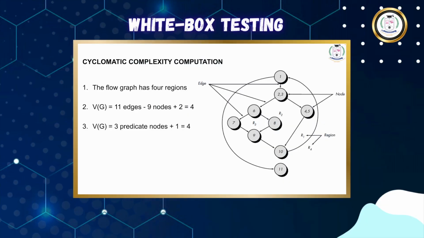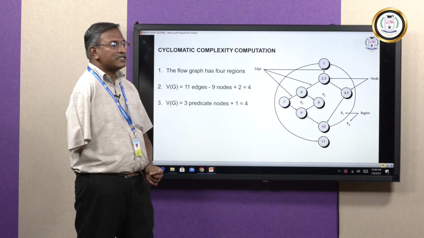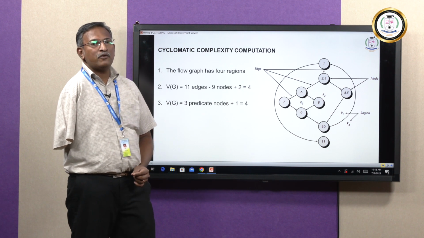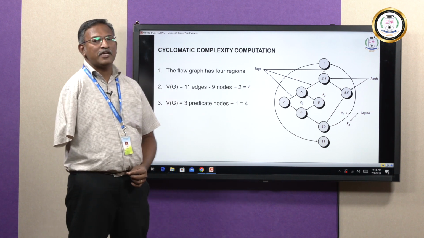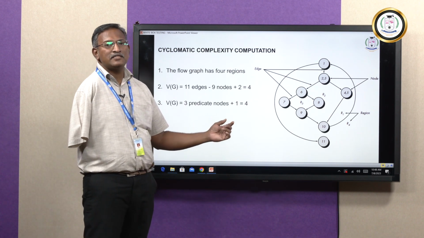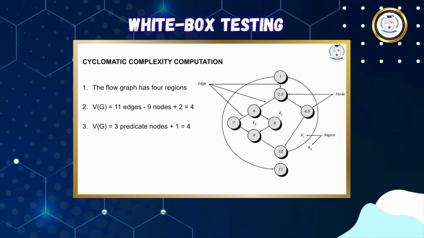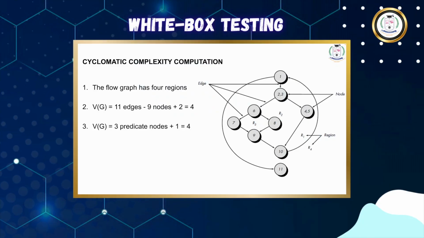A region is the area that is enclosed between the nodes and the edges. While finding the independent paths by using the number of regions, you need to include a region that is outside the flow graph. So for this flow graph, we are going to find how many regions are available.